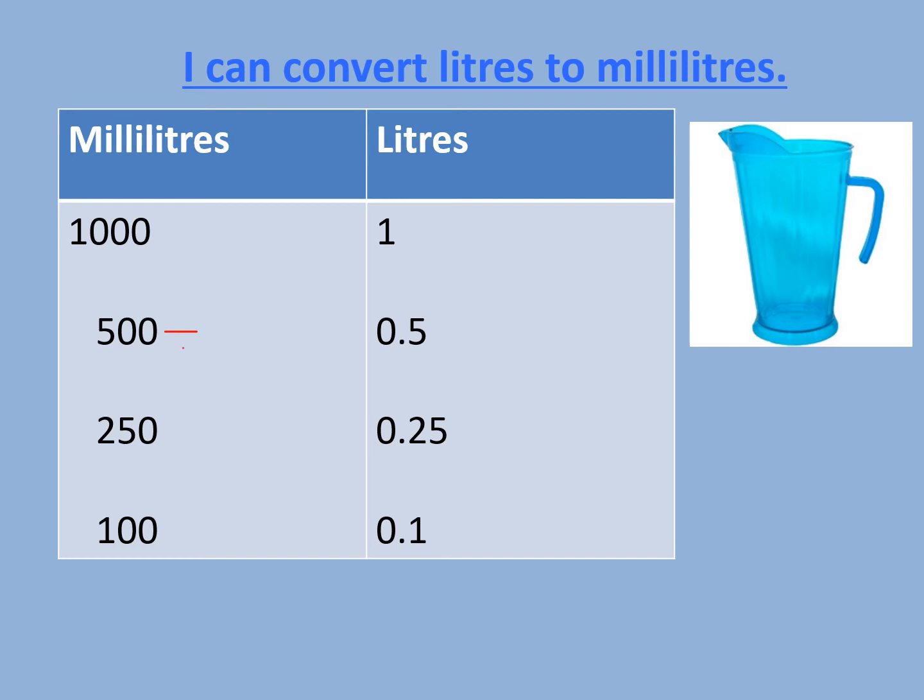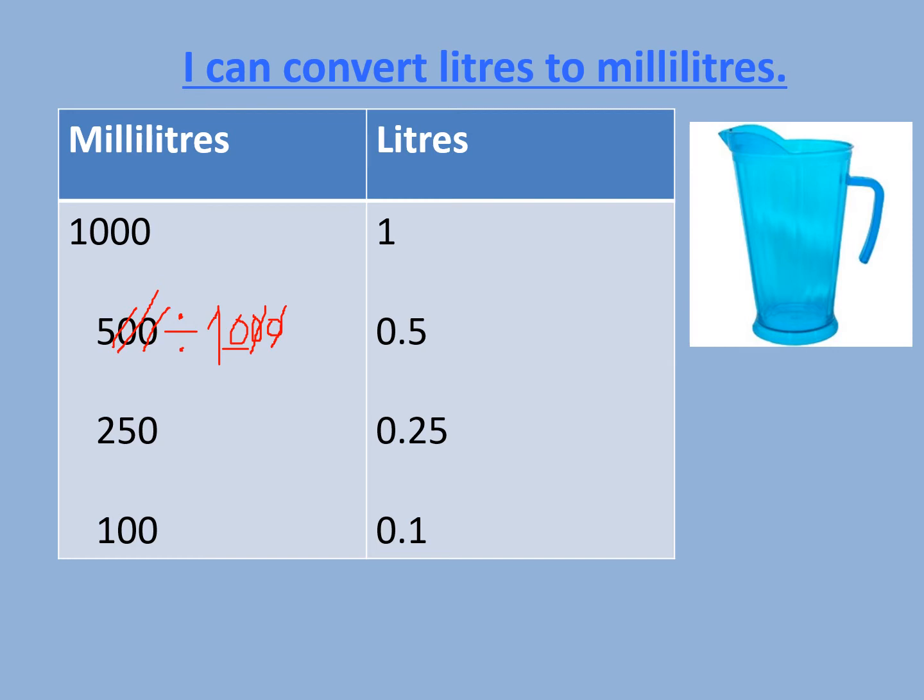So 500 divided by 1000. We are going to cancel a 0 from 1000 and cancel a 0 from 500. Cancel the next 0 from 1000 and cancel the next 0 from 500. How many zeros do we have left in 1000? We have just 1.